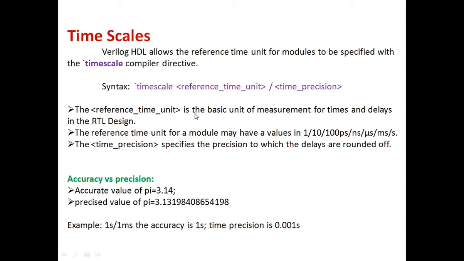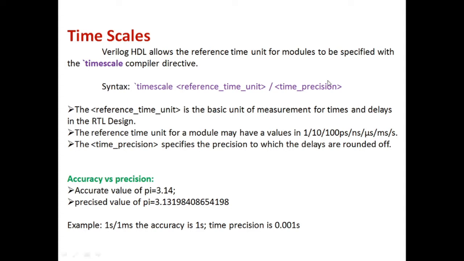Okay, so what is this reference time unit and what is the time precision here? The reference time unit generally specifies the unit of measurement for the time or delay. And coming to the time precision, it generally specifies the precision to which the delays are rounded off during the time of simulation.